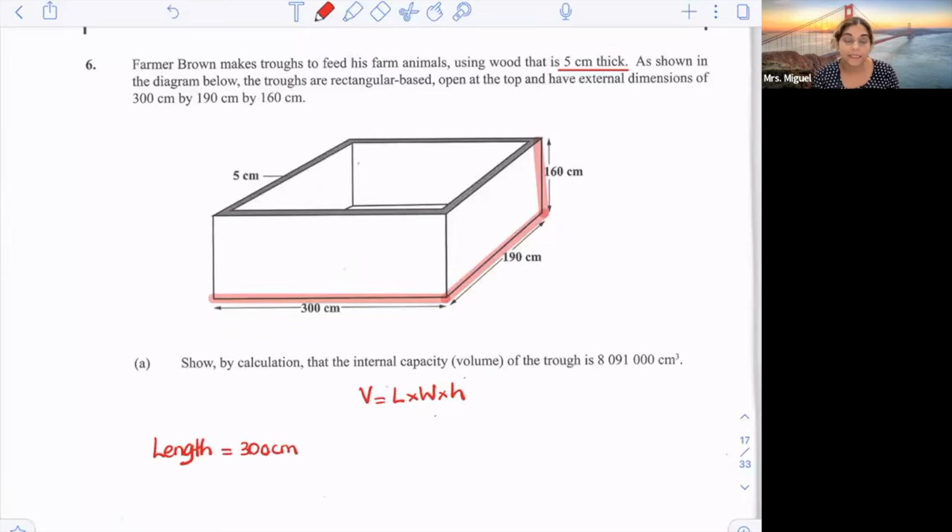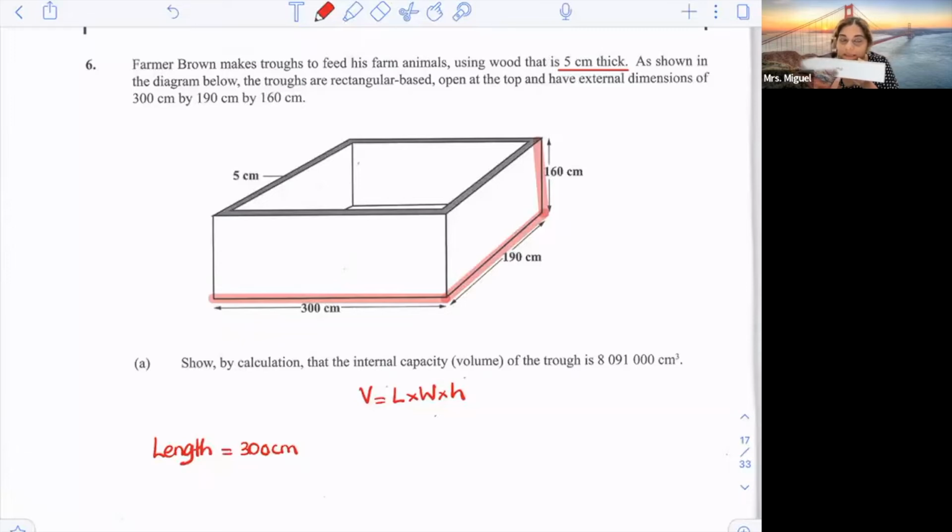But the internal length, remember the length here is 300 centimeters. So if we had to write the internal length, we will have to take away 5 centimeters, right? So this is the length here. There's a 5 centimeter thickness on this side, and there's a length on this side.